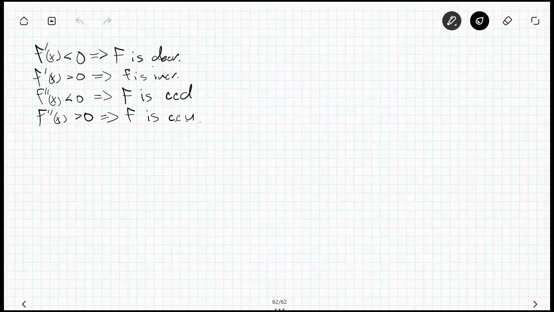All right, a point is called an inflection point, which I will refer to as IP, and you'll see that's how I'll note it in the problems now and in the future.